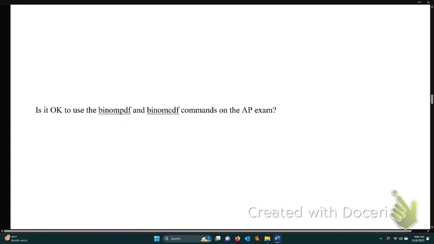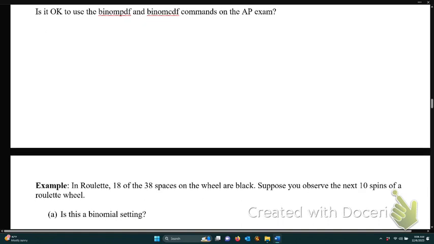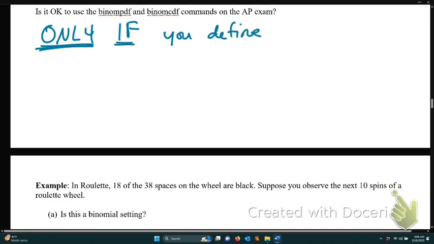McKenna, you got us? Is it okay to use binomial PDF and binomial CDF commands on the AP exam? Only if you define the variables. Guys, this is exactly like with normal CDF, right? You can write normal CDF all day long on your AP exam as long as you label lower, upper, mu, and sigma.